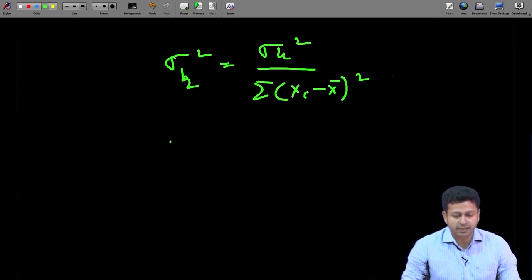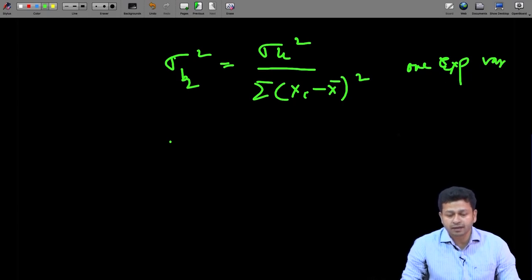This is the simple case where I have only one explanatory variable x. But suppose I have two explanatory variables, x2 and x3.